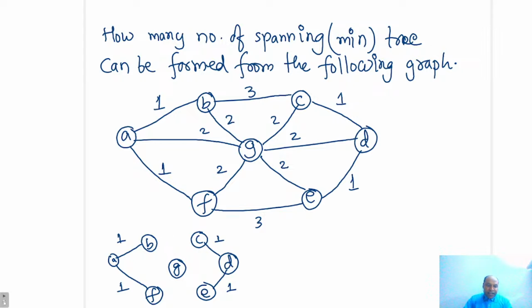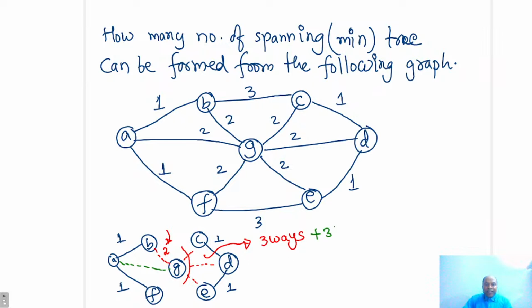Now this particular node is connected with this, so I will connect with this too. Whenever I connect this, I can have this particular case 1, case 2, case 3. So how many ways can I connect? 3 ways. Now if I connect this particular part, again I have 3 ways.